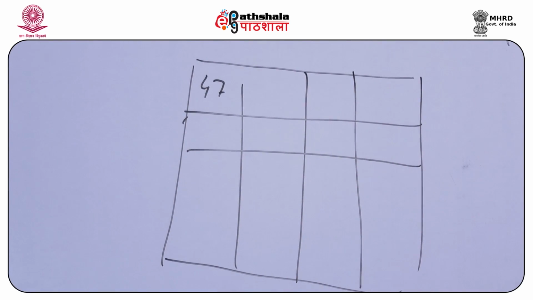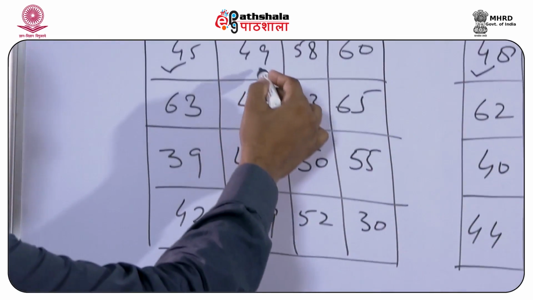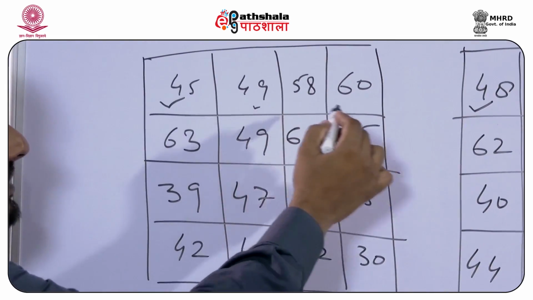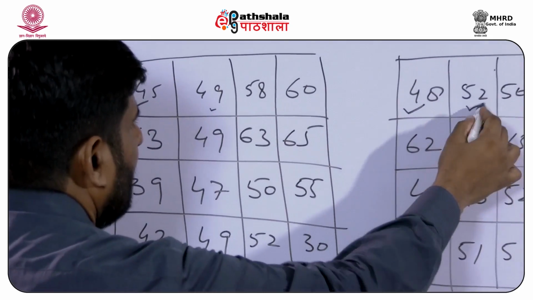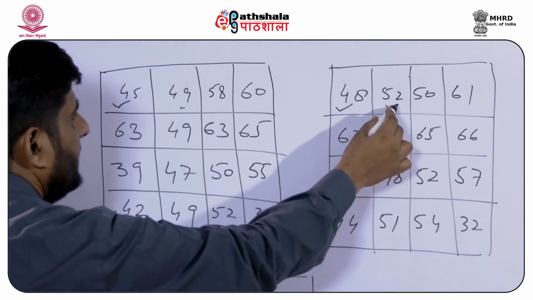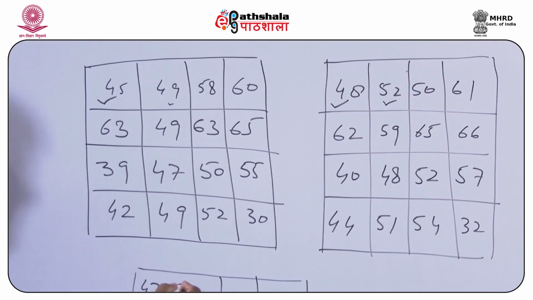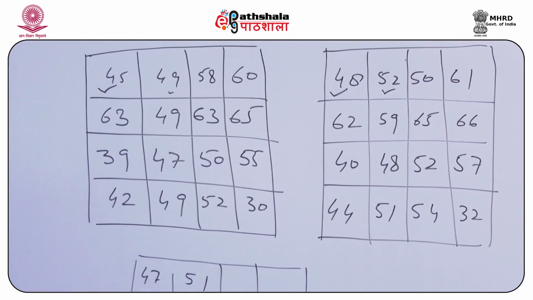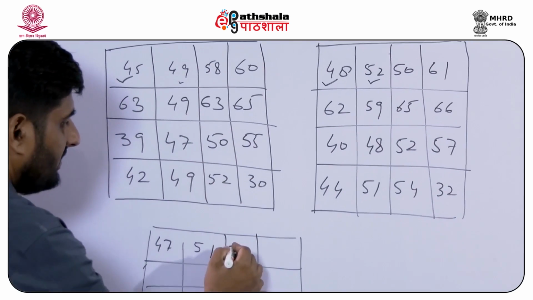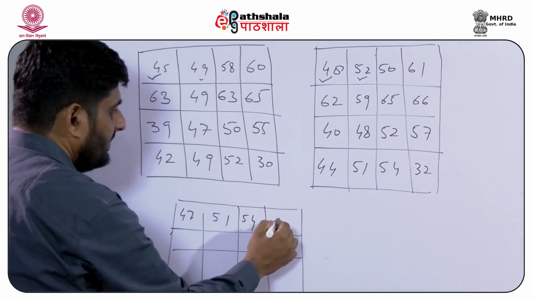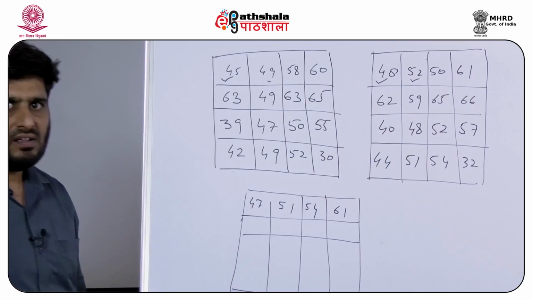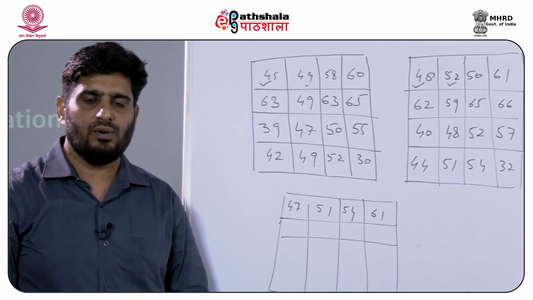Similarly, we can carry out the operations for other pixels. For example, here 49 and 52, the average must be 50.5, so we can make that 51. Here the average must be 54 and then 61 and so on. In this fashion we can carry out the averaging.